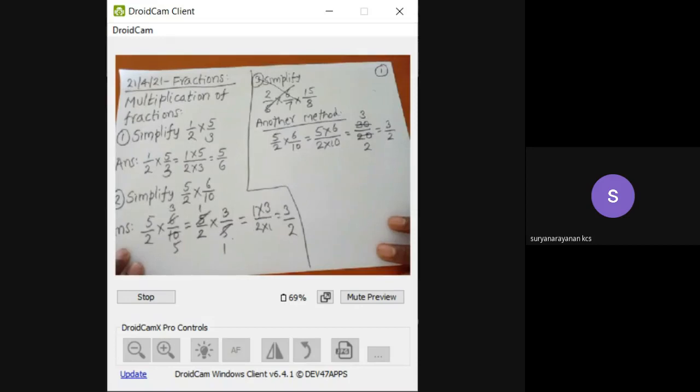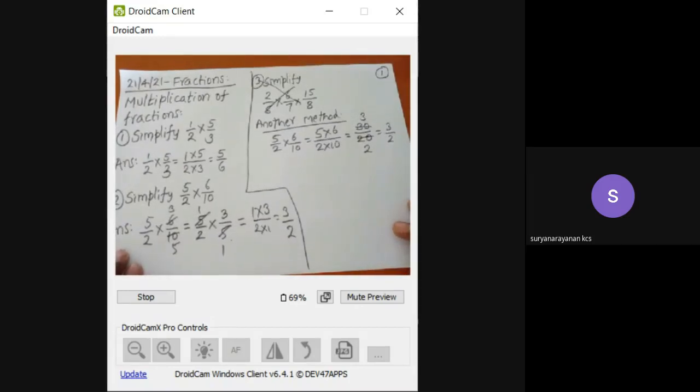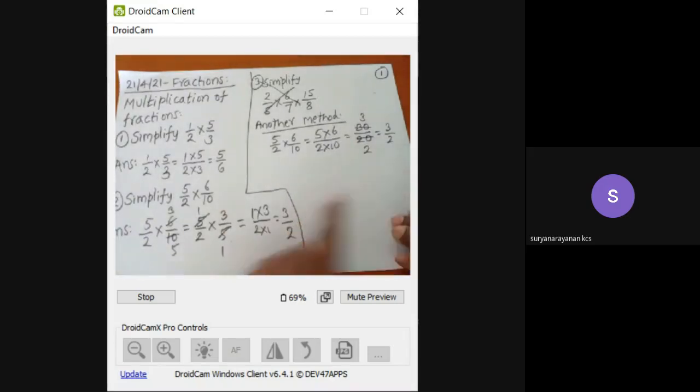If we cannot divide the numerator and denominator by any table, in other words, the HCF of numerator and denominator is 1, then the fraction is said to be in the simplest form.